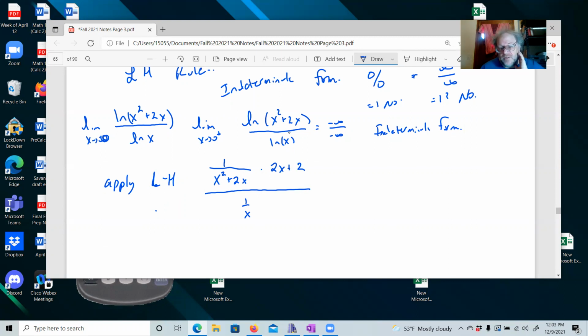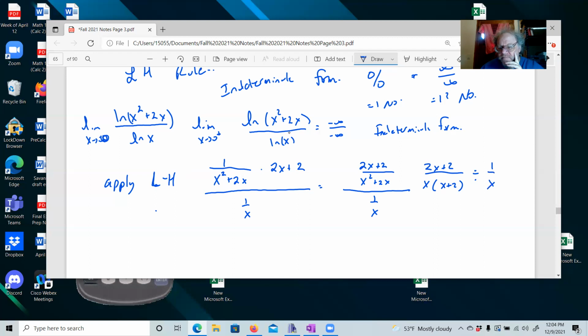Well, this looks delightful to sort through. So we have 2x plus 2 over x squared plus 2x, divided by 1 over x. That's effectively 2x plus 2 over, I'm going to go with, let's say, x plus 2, because I have a feeling I know what's going to happen here, divided by 1 over x.